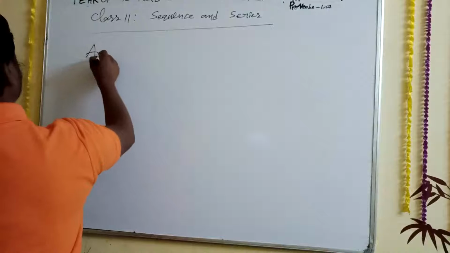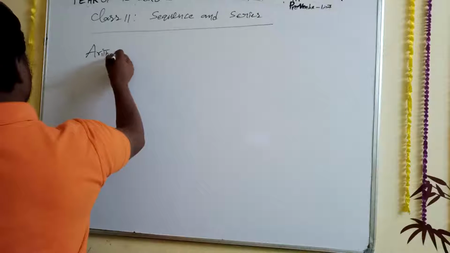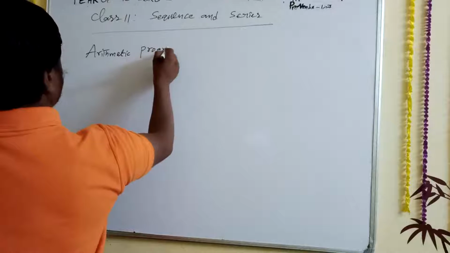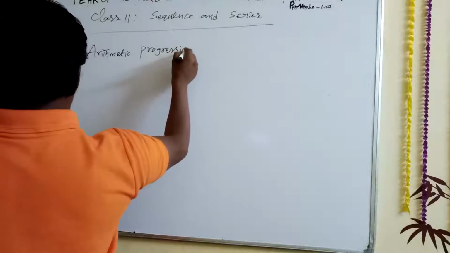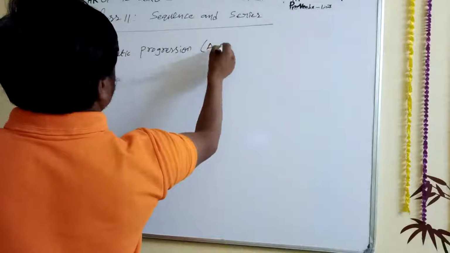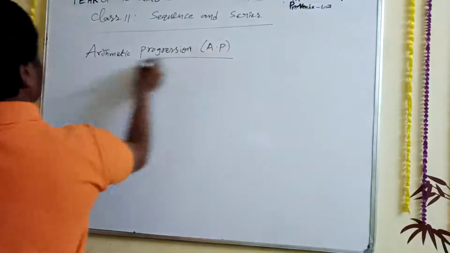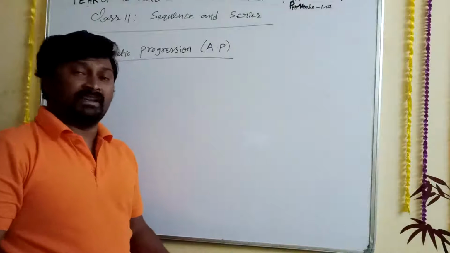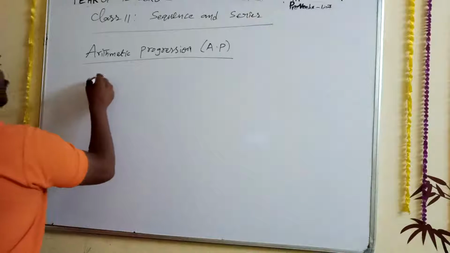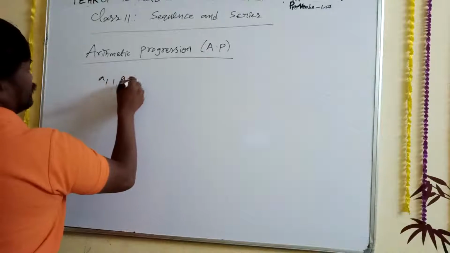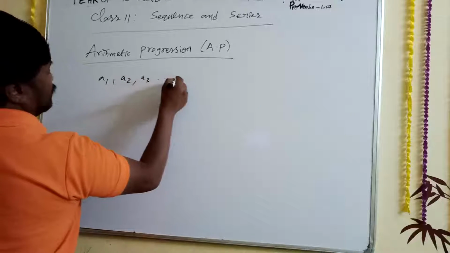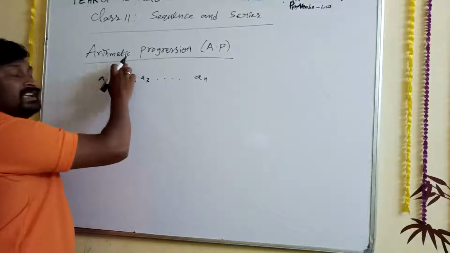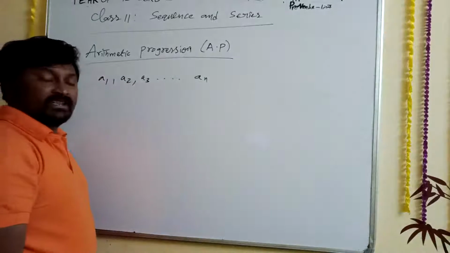AP, arithmetic progression, AP. So what is arithmetic progression? A sequence in the form of A1, A2, A3 and so on, AN is called an arithmetic progression.